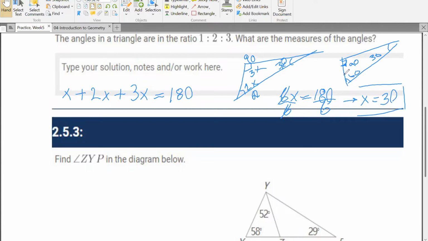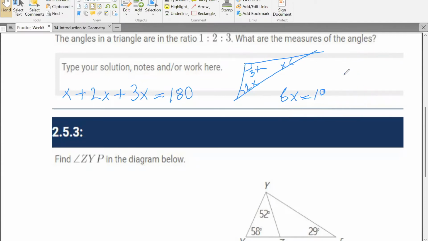It was easy. The first thing that is important here is that you understand that when it says the ratio is 1 to 2 to 3, you are talking about a triangle that has 3 angles, and if you put the first angle as x, then the ratio is 2 to 3, the other is 2x, and the last one is 3x.